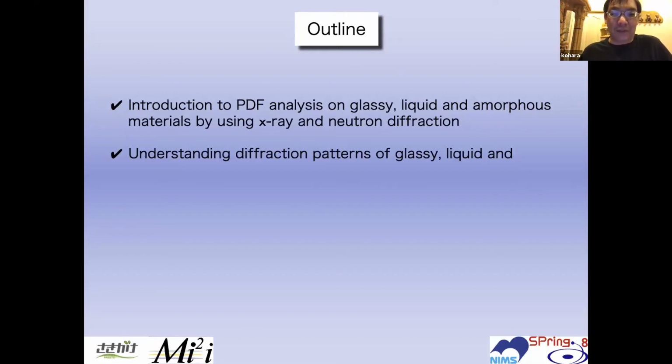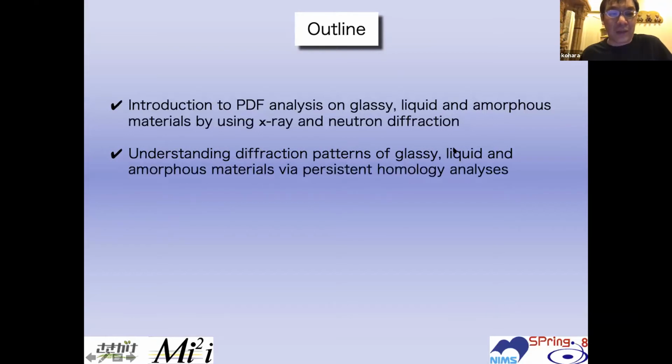After that, I would like to introduce how we can understand diffraction patterns of glassy, liquid, and amorphous materials. And we recently introduced persistent homology analysis. This is a rather new topological analysis tool on the basis of mathematics. Of course, we need an atomic configuration to perform this analysis.